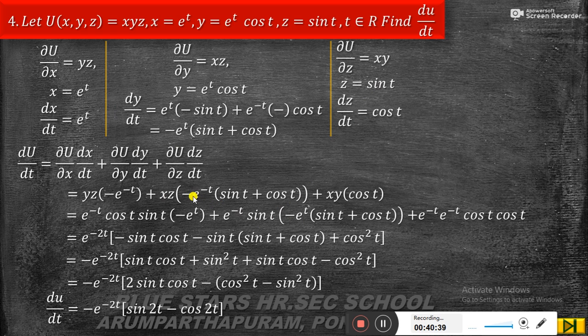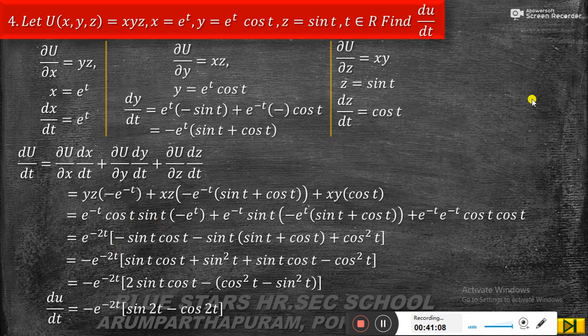Next, minus e^(-t)(sin t plus cos t), plus x equals e^(-t), y equals e^(-t) cos t, into cos t. In the next step, e^(-t) into e^(-t) gives e^(-2t) into minus sin t cos t.